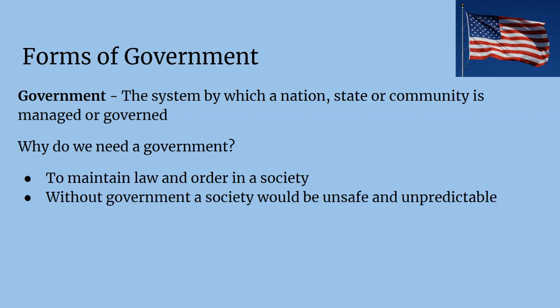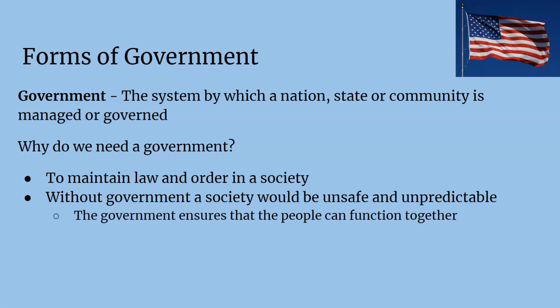Without the government, society would just be unsafe and unpredictable. There would be no regulations on trades. Without the government, there might not be food at the grocery store some days. It's just protecting our everyday way of life, so that we can function and agree together and come up with solutions, so that society can work well.